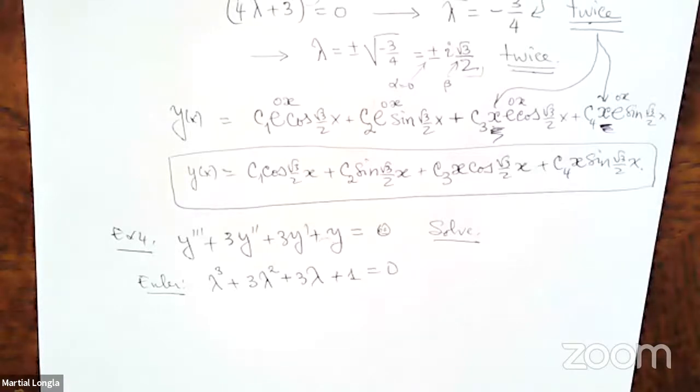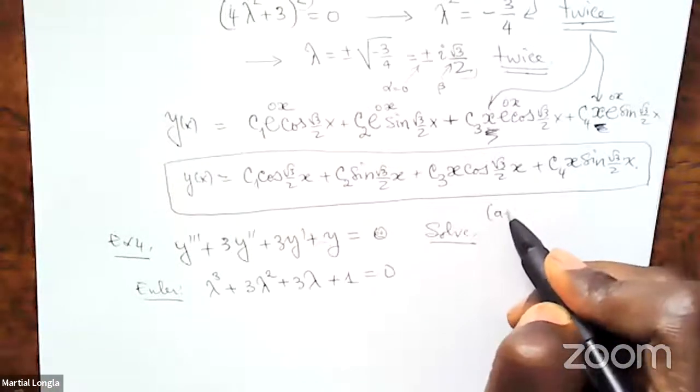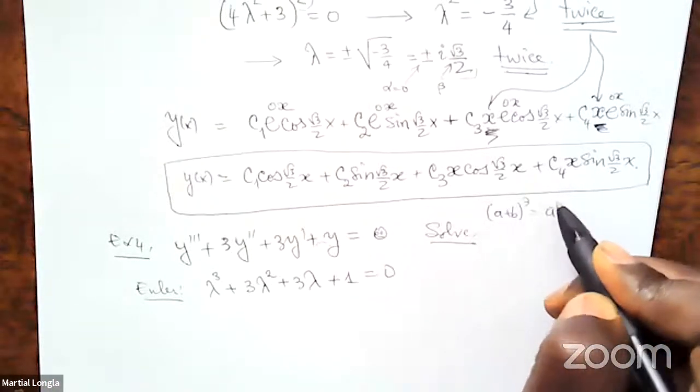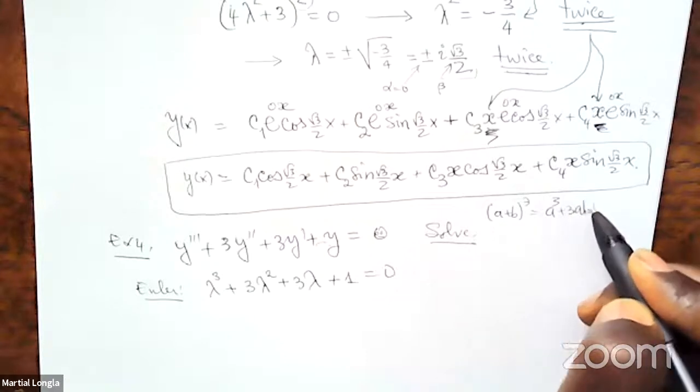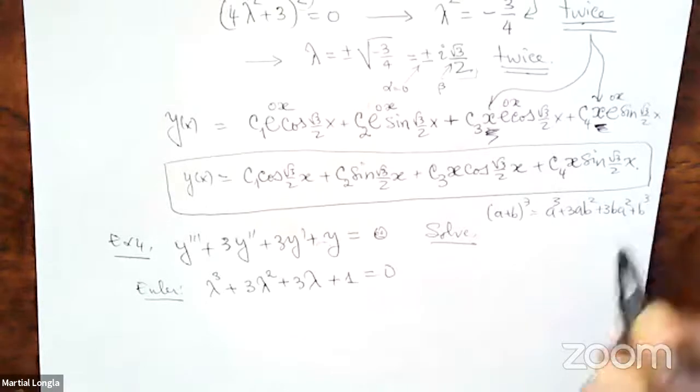So it has to do a lot with your skills and how quickly you see things. If you don't see that it's lambda plus 1 cubed, there's a lot of work you're going to do to establish that. But in the end, you will still get that it is lambda plus 1 cubed. Because a plus b cubed is a cubed plus 3ab squared plus 3ba squared plus b cubed.